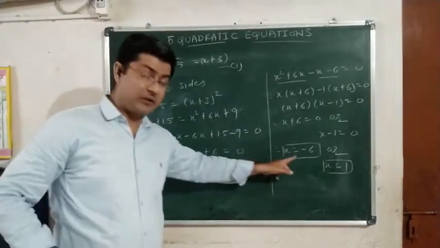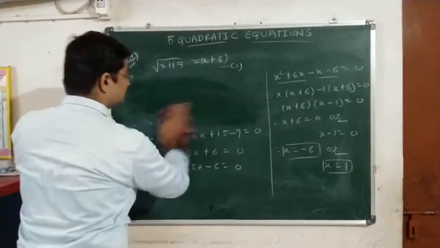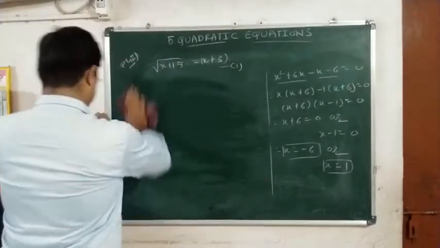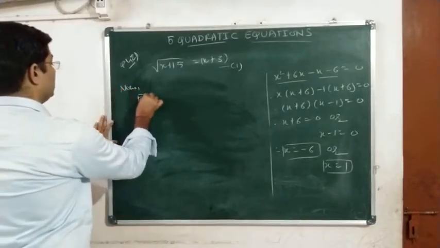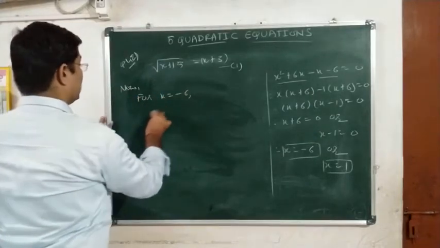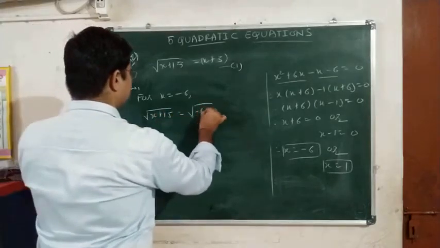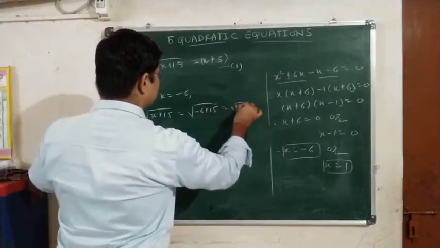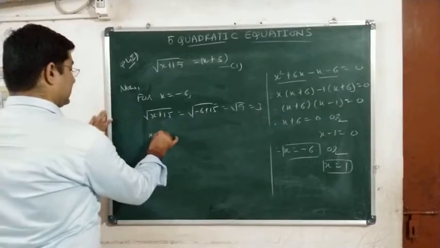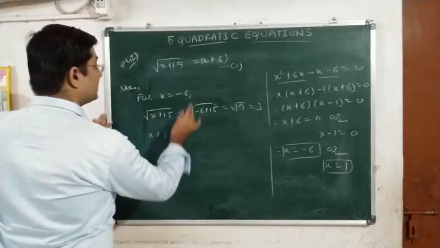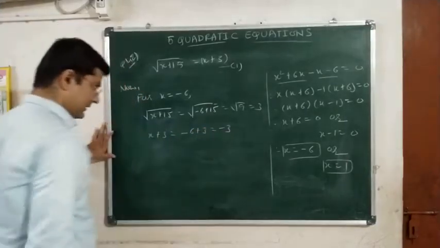So now first we will put x is equal to minus 6. For x is equal to minus 6, square root of x plus 15 is equal to square root of minus 6 plus 15, is equal to root 9, is 3, and x plus 3, that is RHS we have taken, is equal to minus 6 plus 3 is equal to minus 3, yes or no?